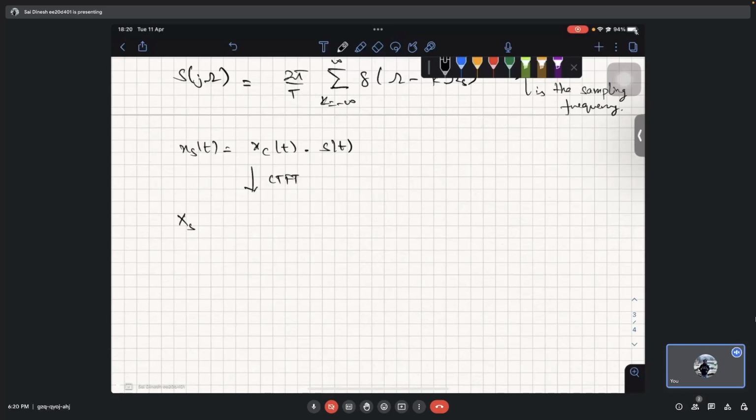So in the continuous time frequency response, Xs of j omega is equal to 1 by 2 pi, Xc of j omega convolved with S of j omega.